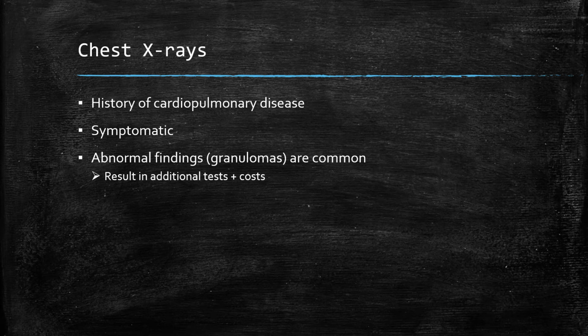Chest x-rays should only be ordered in patients who have a history of cardiopulmonary disease or who currently are symptomatic from a pulmonary standpoint. The problem with routine chest x-rays is that abnormal findings like granulomas are very common. If there's no previous chest x-ray to compare to, then the radiologist may well recommend a CT scan and potentially even a biopsy as follow-up to this x-ray.